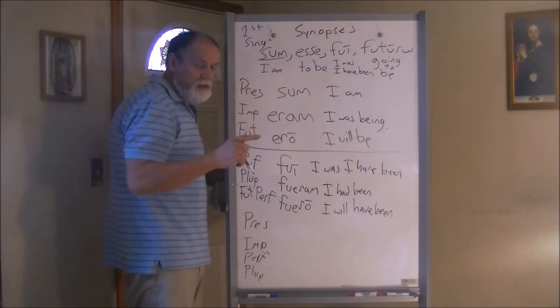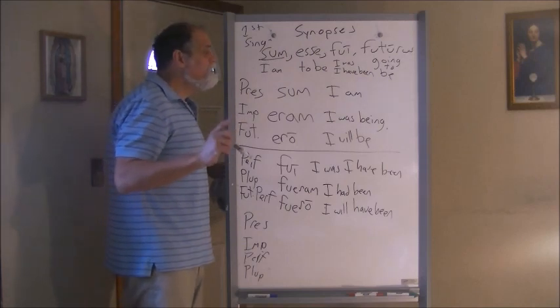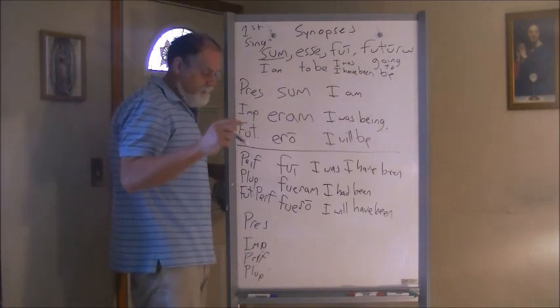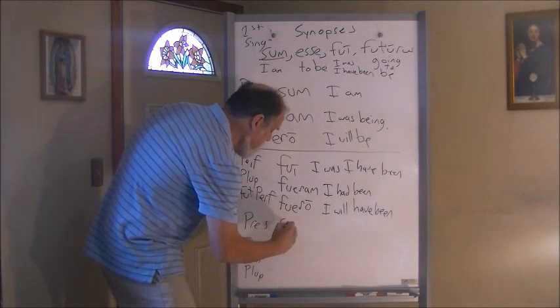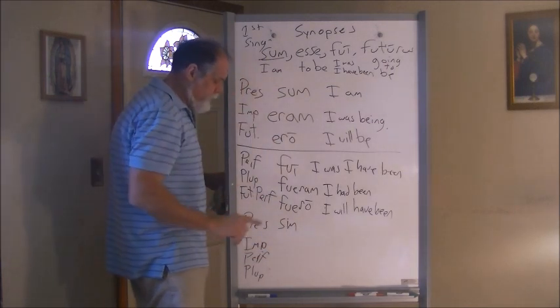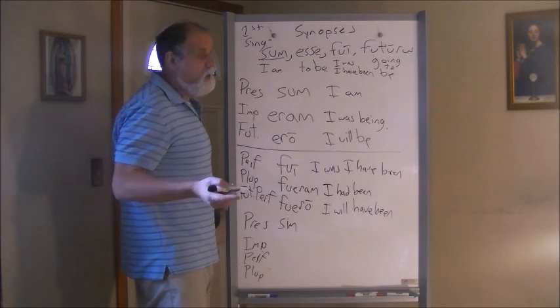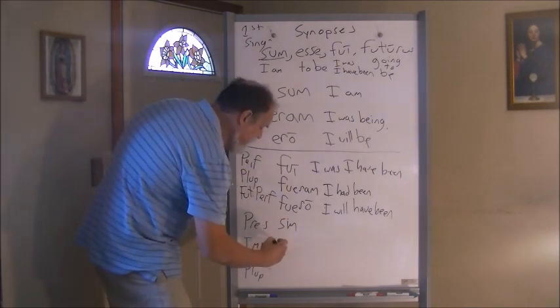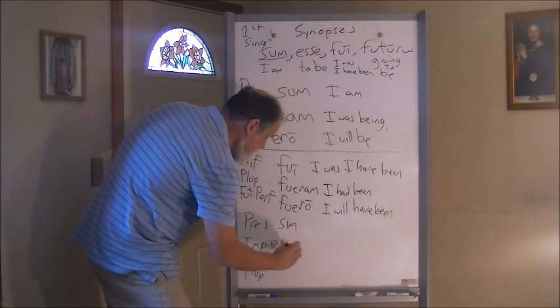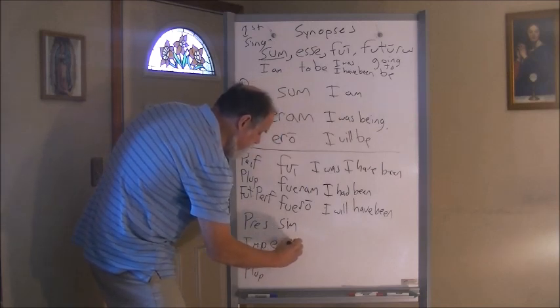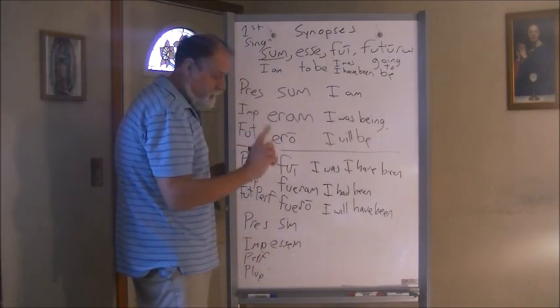For the present subjunctive, we have that special group of words. Sim, sis, sit, simus, sitis, sint. So we should have sim, for our first one, no macron there. For the imperfect, we do the exact same thing we do with all imperfect subjunctives. We have esse, and then we add the M. So essem, no macron again.